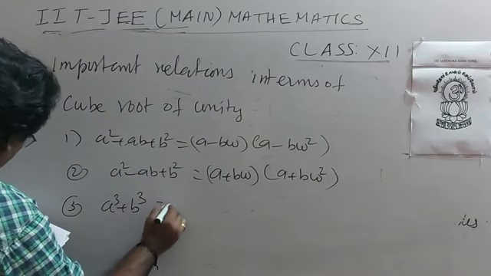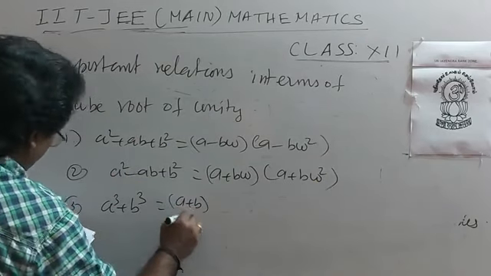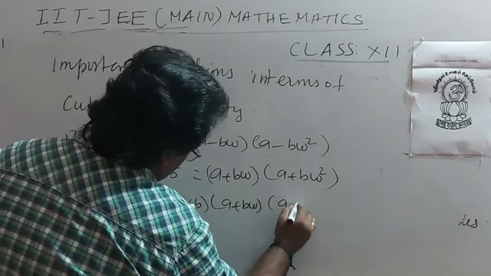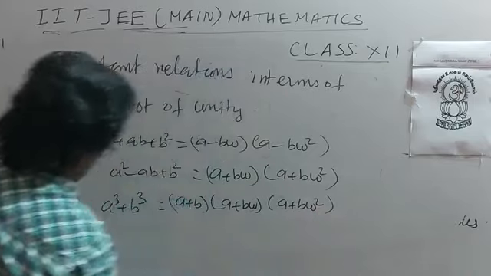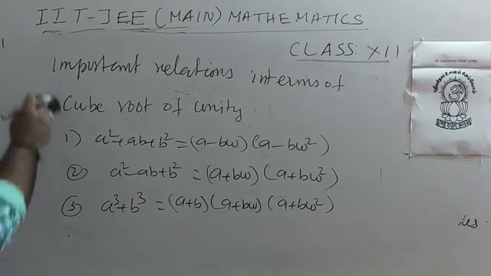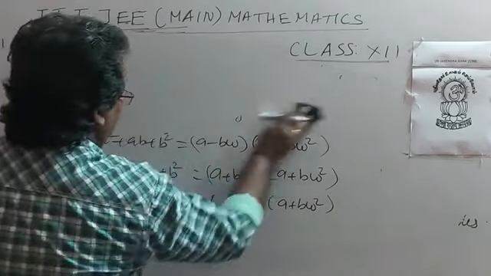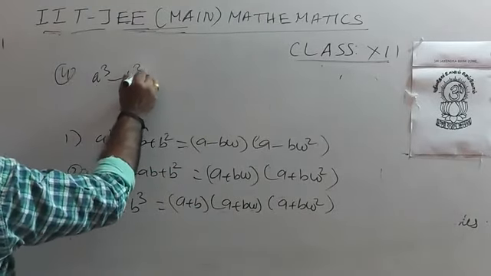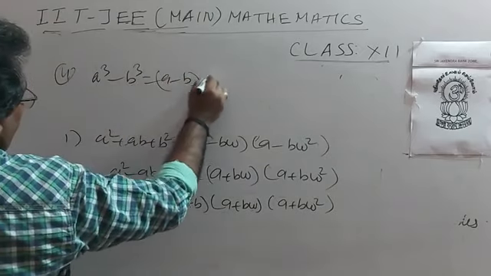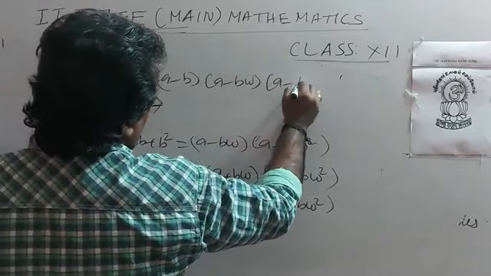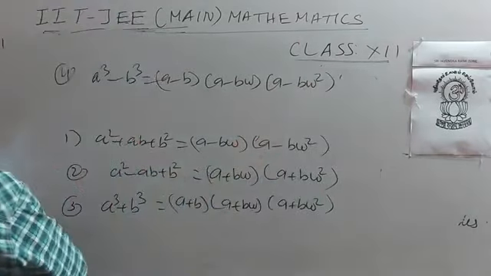A cubed plus B cubed equals A plus B into A plus B omega into A plus B omega squared. A cubed minus B cubed equals A minus B into A minus B omega into A minus B omega squared.